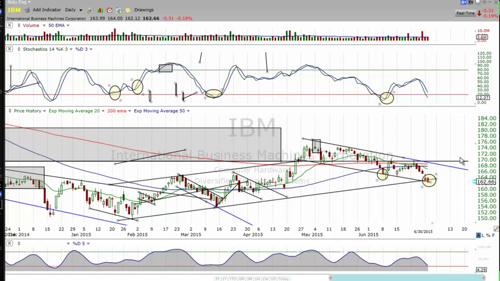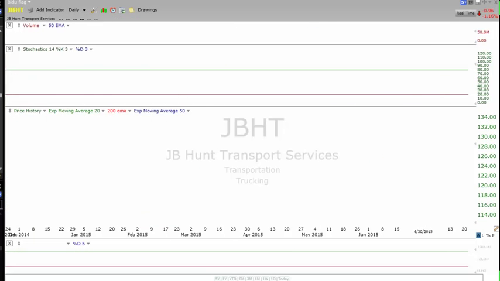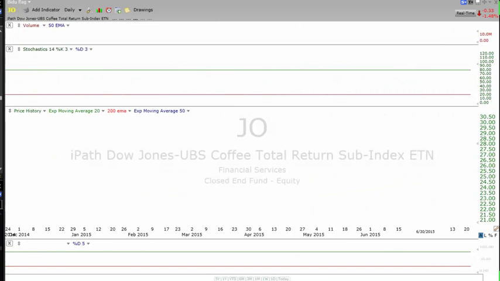IBM looks really nice. It just did close on the lows. It's still being affected by news. IMAX pulled back. International Paper, not interested. These are good shorts so far, but again, news.